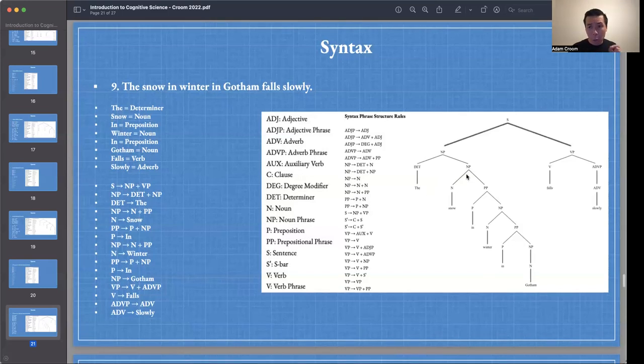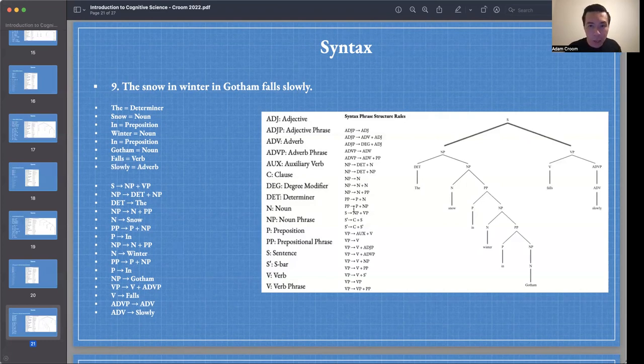So we see that now under here, we're looking at the NP. The NP takes an N and a PP. In other words, a noun phrase can take a noun and a prepositional phrase, okay? And the rule we have is here, NP can take a noun and a prepositional phrase, okay, sweet. Now, what about the prepositional phrase? Well, a prepositional phrase can take a preposition and a noun phrase, right?